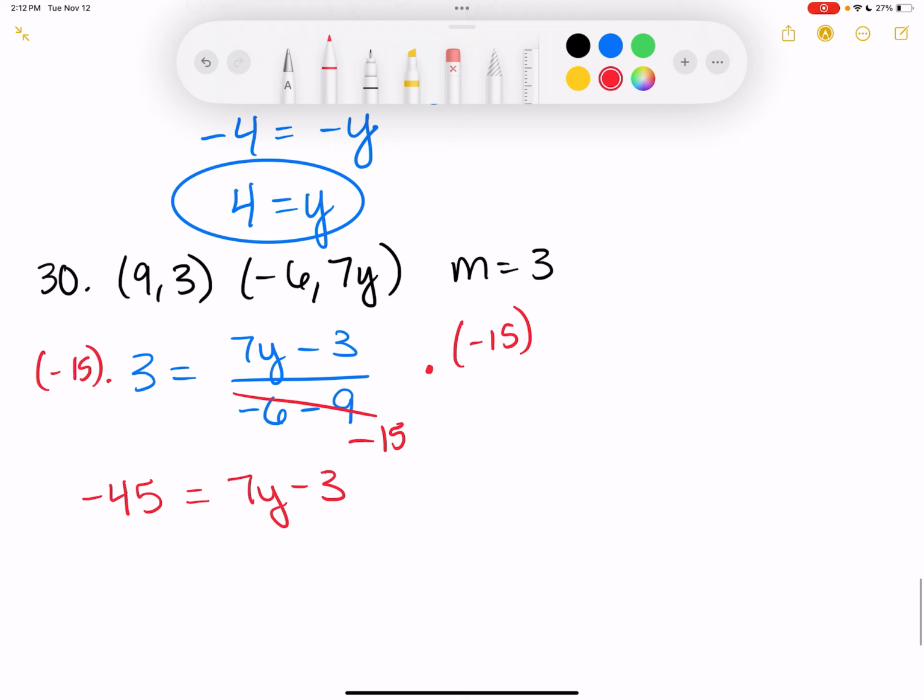Now what do I need to do? Add 3. What do I get when I do that? Negative 42 equals 7y. And then what? Divide by 7, which gives me negative 6. Yep, negative 6.